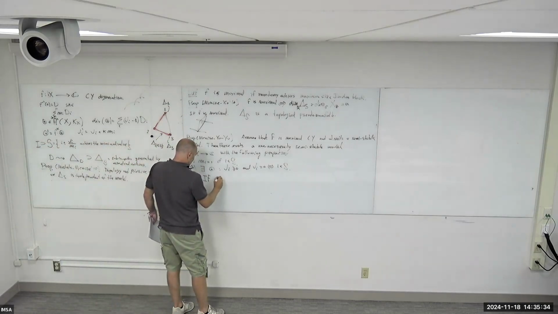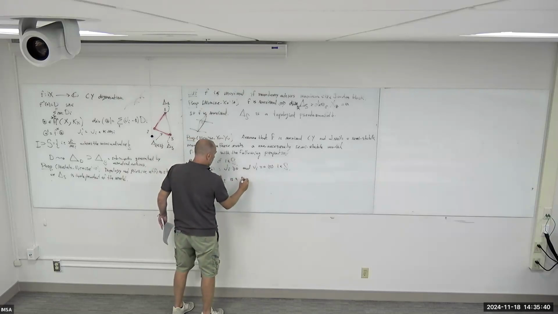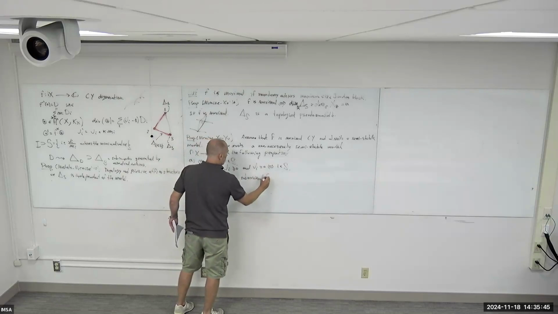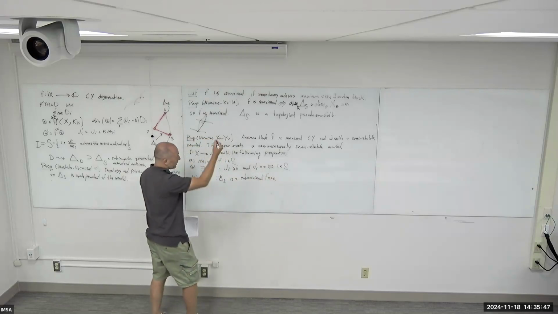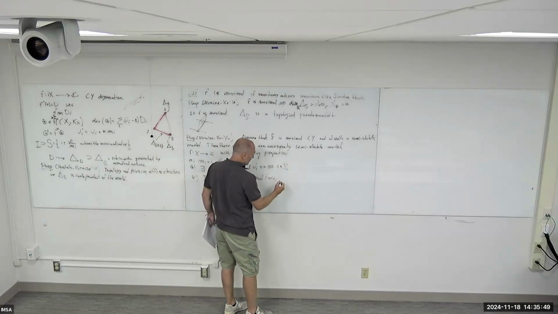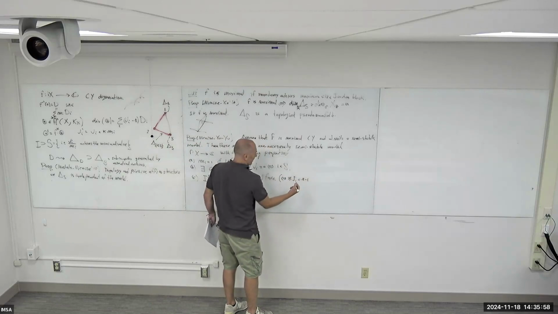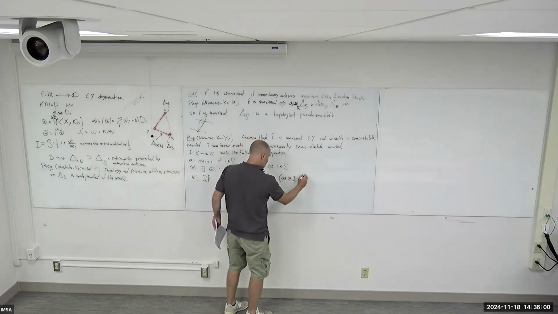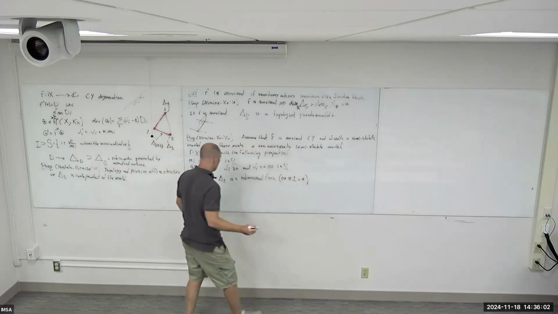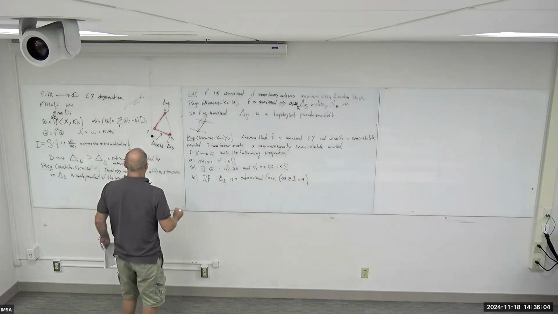So if delta_I is a submaximal face, because it is a maximal Calabi-Yaus degeneration, this means the number of points in I is n. Okay.